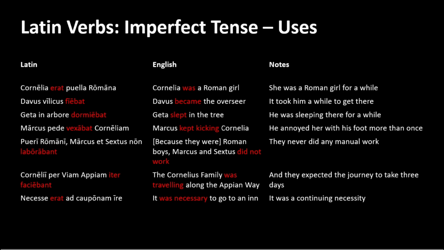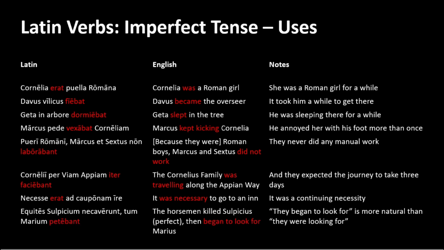They are on the Appian Way. It's getting dark. All sorts of unpleasant people come out at night on Roman roads. And so it was not only a pressing but a continuing necessity that they should get themselves to an inn, therefore an imperfect tense.